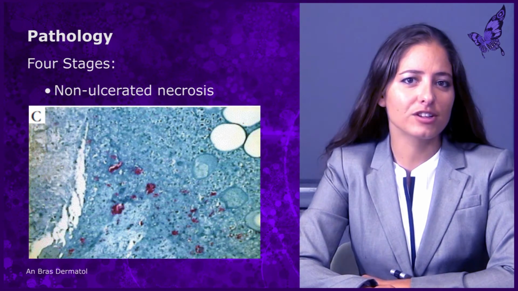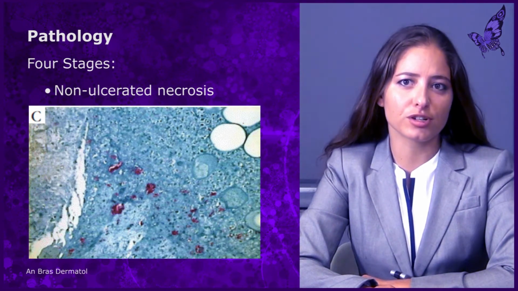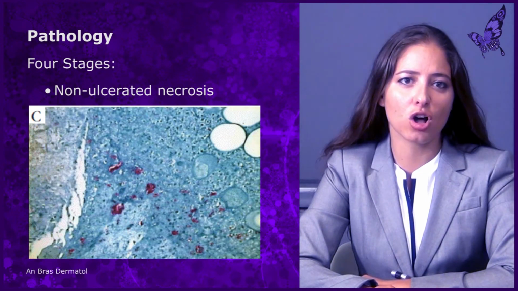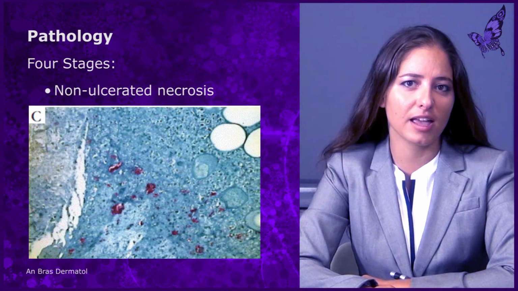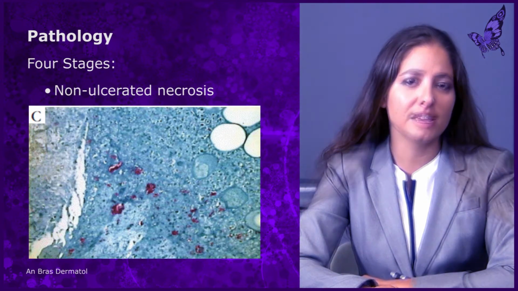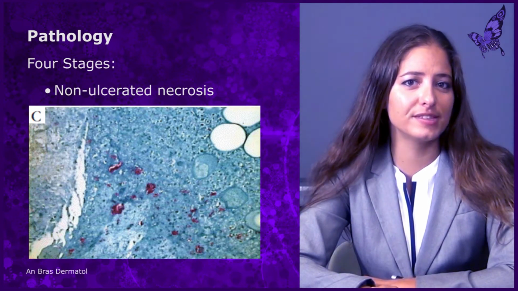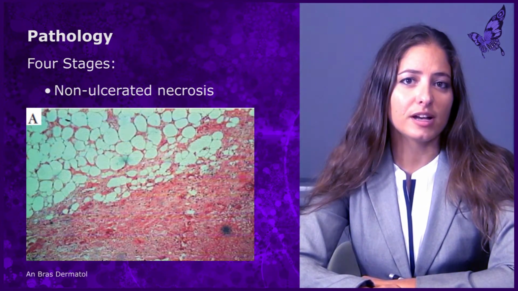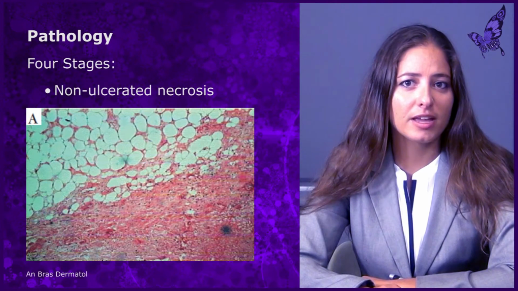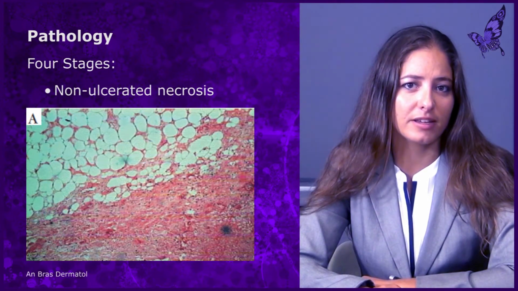Predominant formation of extracellular bar-shaped clusters, representing extracellular acid-alcohol-resistant bacilli, in the center of the necrotic lesions, as shown in image C, is a histopathologic finding of this stage. Denucleated adipose tissue, or ghost cells, as seen in image A, is also a common finding.